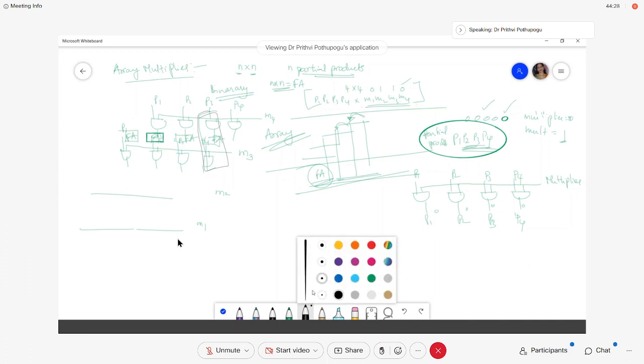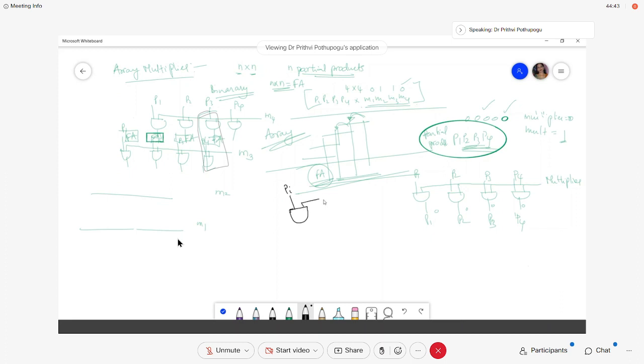From the AND gate, having the P of I and the M of I multiplier bit, what we get is one of the inputs to the full adder. The full adder input will be derived by this element of the AND gate, because in between every stage we have a full adder.